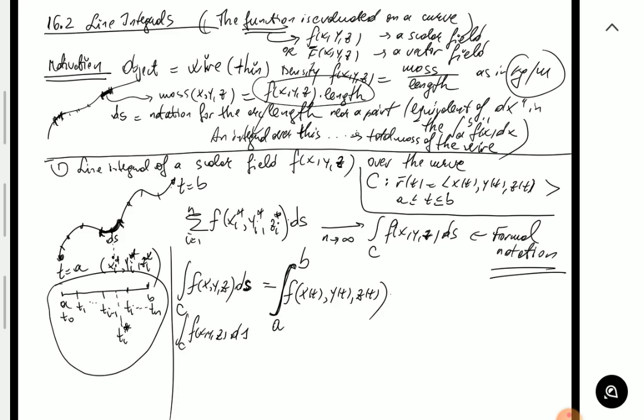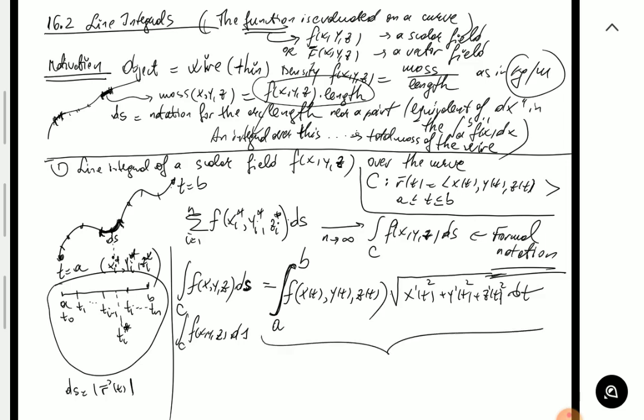Now remember from earlier topics, the arc length is nothing but the magnitude of the tangent at that point, the magnitude of r prime of t. So square root of x prime of t squared plus y prime of t squared plus z prime of t squared dt.